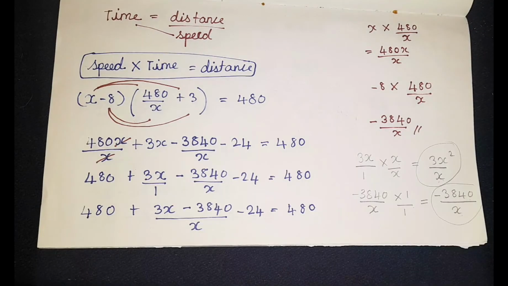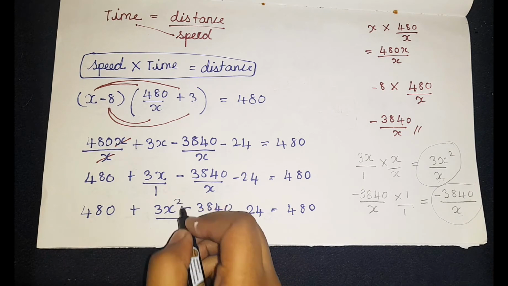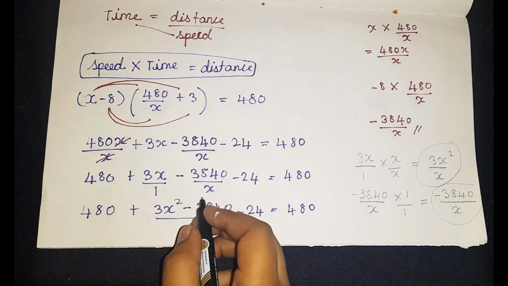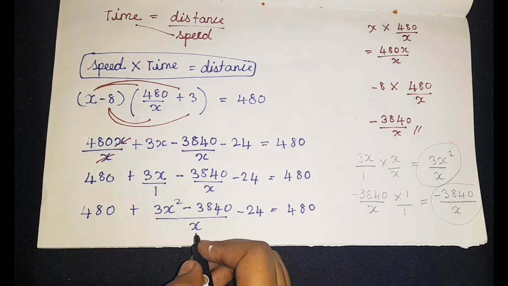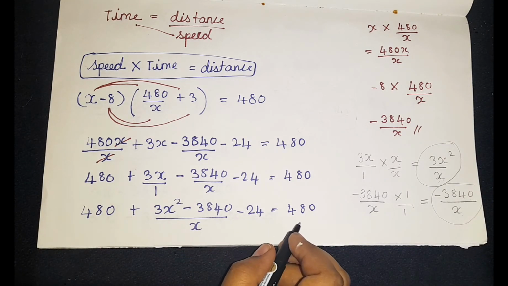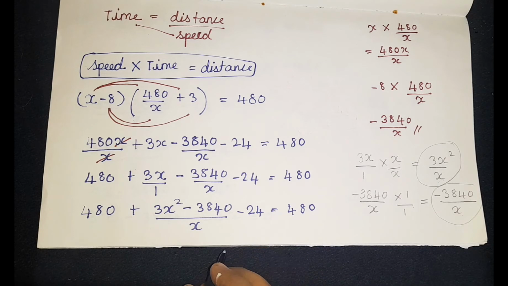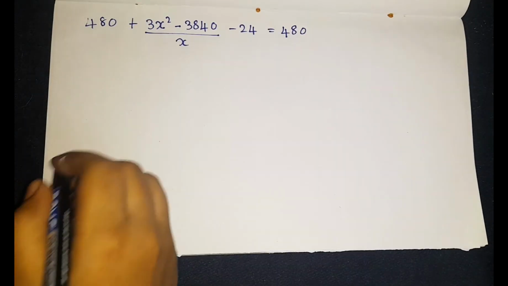Okay. As you guys know, after doing the LCM method, we got these values. So here it is 3x square. Because after doing the LCM, we got 3x square minus 3840 divided by x minus 24 is equal to 480. Okay. So I am going to be writing this as it is.